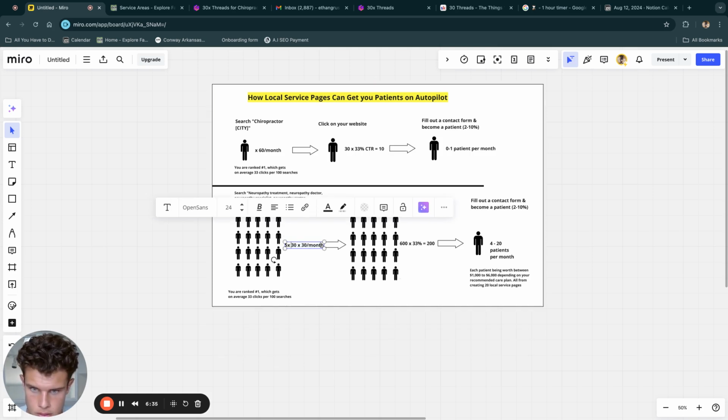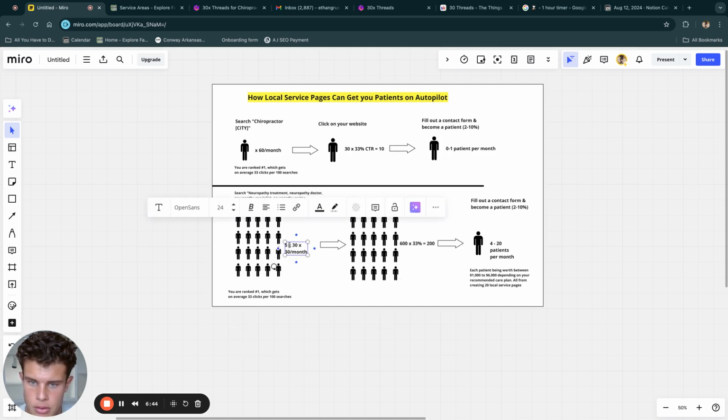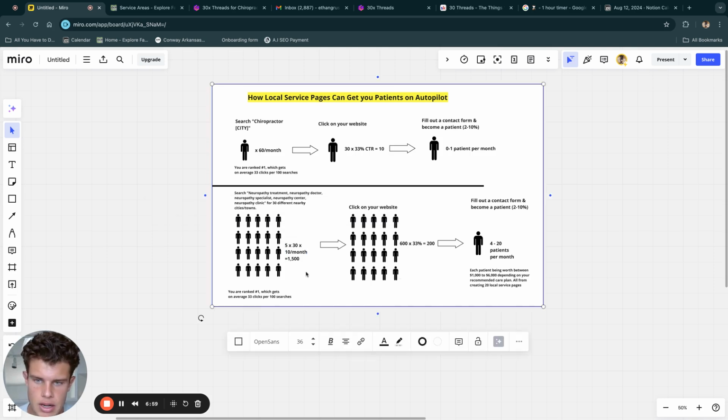We have 5 terms that they're ranking for times 30 cities, and let's say the impressions are pretty low, so let's just say they're 10 a month. So 5 times 30 is 150, times 10 is 1,500. So that's how many searches they're getting for all these pages every month.